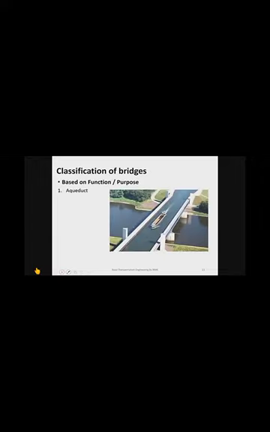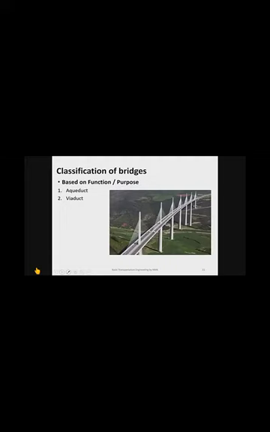Now this is based on the function and purpose. Aqueduct: as I told, whenever there is a valley, to pass the water in the canal we provide an aqueduct. It is in the shape of a U. The function of the aqueduct is for the flow of water in the canal.